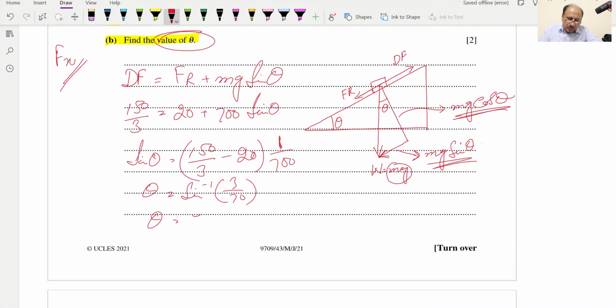So theta is equal to 2.457. You have to be careful that your calculator should be in degree mode for this question, so switch accordingly. So theta will be equal to 2.5 degrees. This is what we have found in this case.